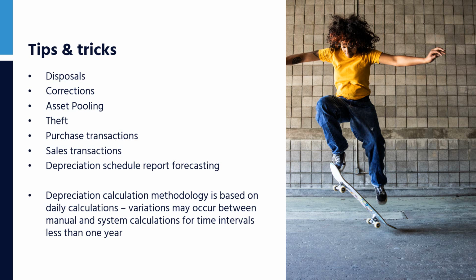Vision does it on a daily basis and then puts that together to reflect the frequency that you've chosen. So you may get variations when you do comparison calculations for time intervals of less than 1 year, but when you're comparing annual depreciation with annual depreciation from Vision, it should be exactly the same.